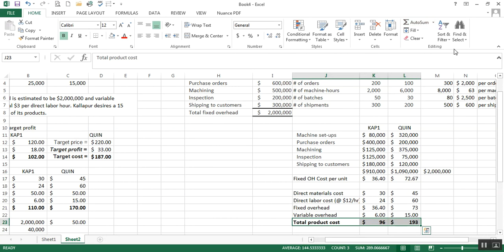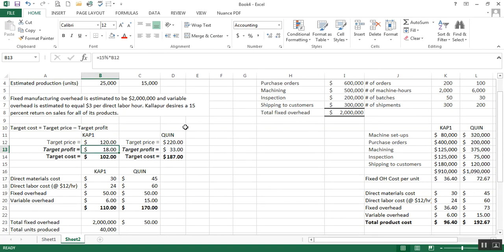So in this case, we've allocated the fixed overhead based on the actual activities that are creating the costs. So typically this is a more accurate method, and we're able to use it when we have all of the information available to us. So in this scenario, we're going to compare these to our target cost that we originally calculated here.